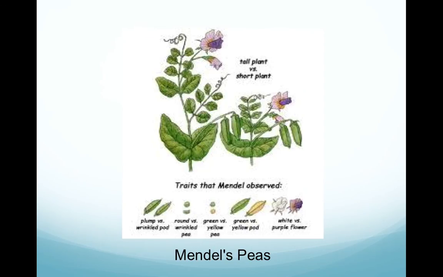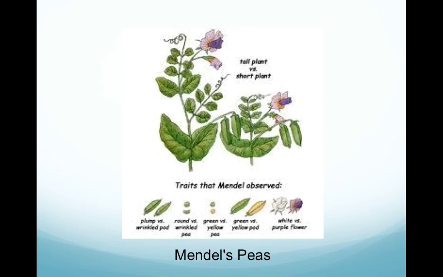He worked with a garden pea as his experimental material, and he chose this plant for a lot of different reasons, but mainly because it had a short generation cycle, so he could observe changes very quickly from one generation to the next. He could also pollinate it by hand, so he could control what the crosses were between the parents.